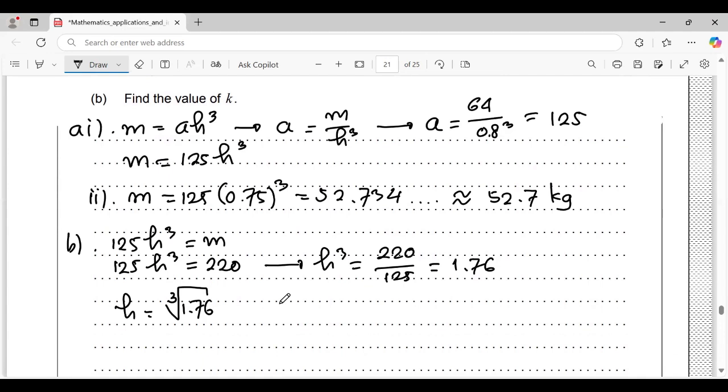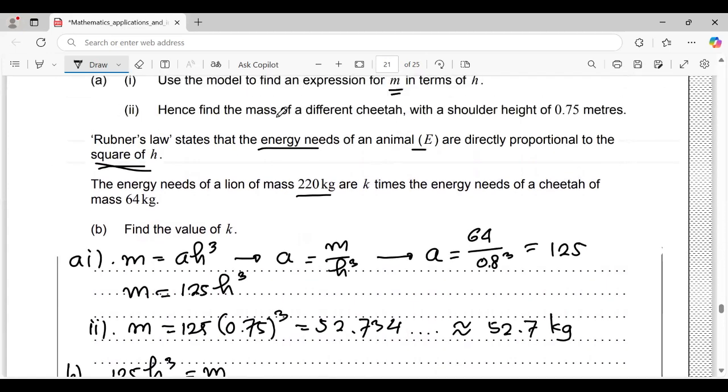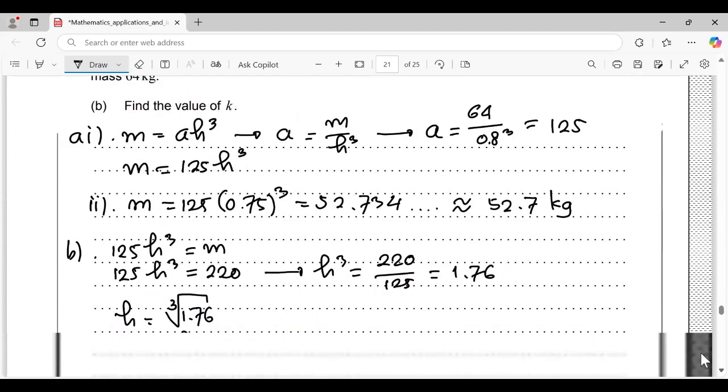Now, E equals H squared. E is directly proportional to the square of H, according to this information.